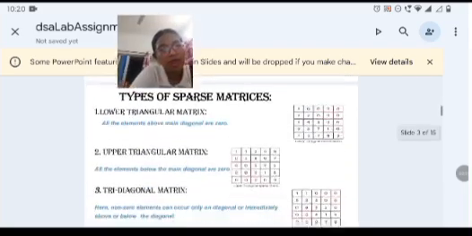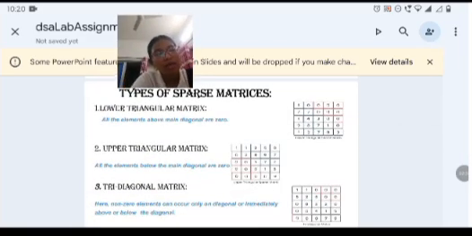Next, we have types of matrix. Mainly there are three types of matrix. Lower triangular matrix, in which the elements above the diagonal are 0. So therefore the elements which are non-zero occur below the diagonal elements. Therefore it is a lower triangular matrix.